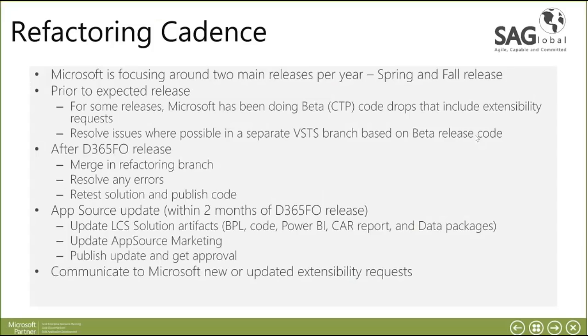What we try to do is, prior to that release cycle, there's some refactoring that you can do because maybe Microsoft has updated the platform, for example, and has new extensibility features available.